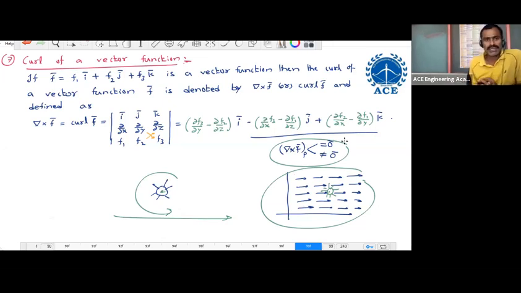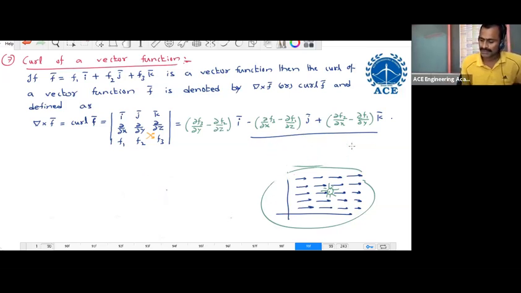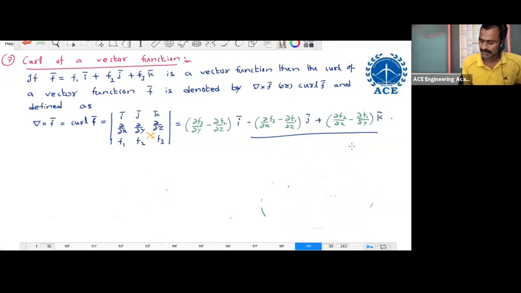Next, curl is useful to check whether the flow has rotation or not, whether the flow is rotating or curling or not. So these are three quantities. Right, note point number 1.